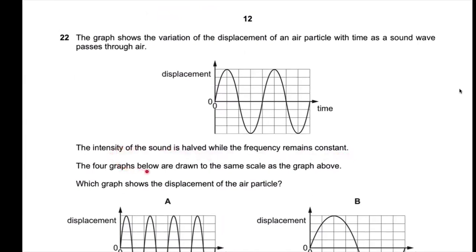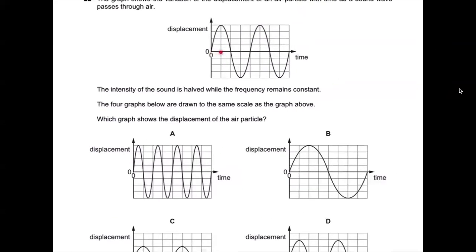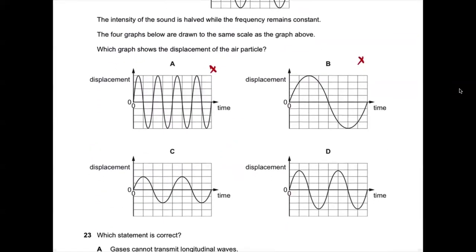The graphs below are drawn to the same scale as the graph above. Which graph below shows the displacement of the air particle? So if frequency stays constant, then obviously the time period should also be constant, which should be 4 divisions. So in any case where that's being changed, I can immediately strike those out. So if you see here, 1, 2, 3, 4, this is half a time period, so it cannot be this. And similarly here, it's 2 boxes, so it can't be this. So it's either C or D.